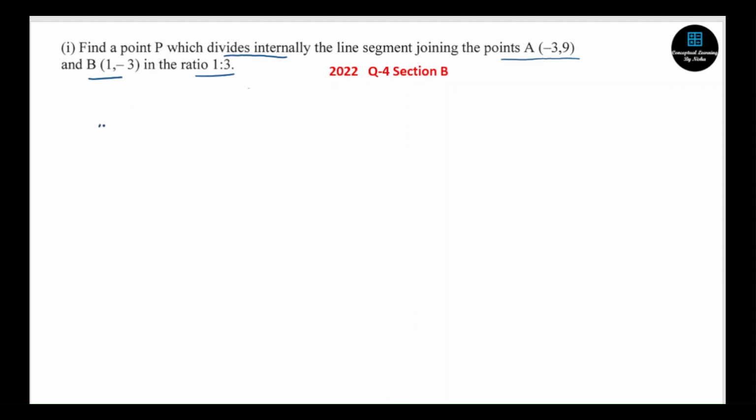See, if I just draw a rough figure, this is point A, point B and point P is here, which divides this in 1:3 parts. This is point P. We have to find the coordinates of point P.